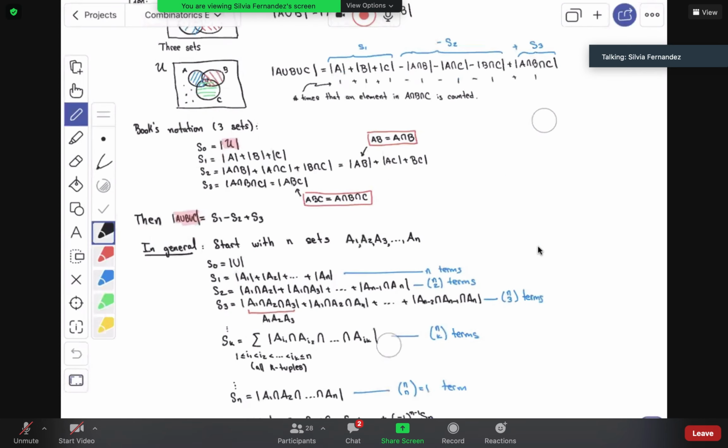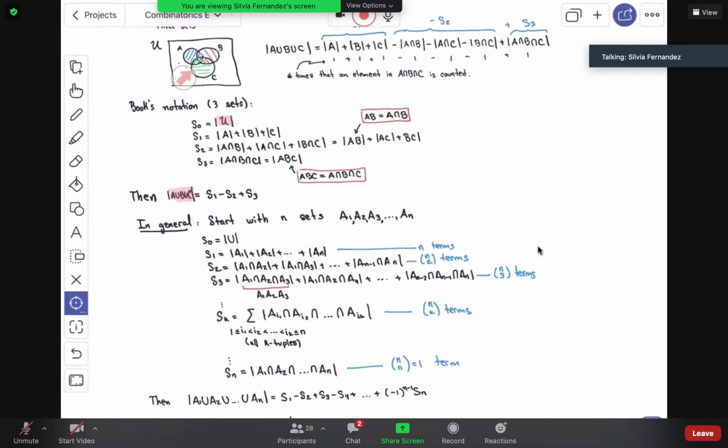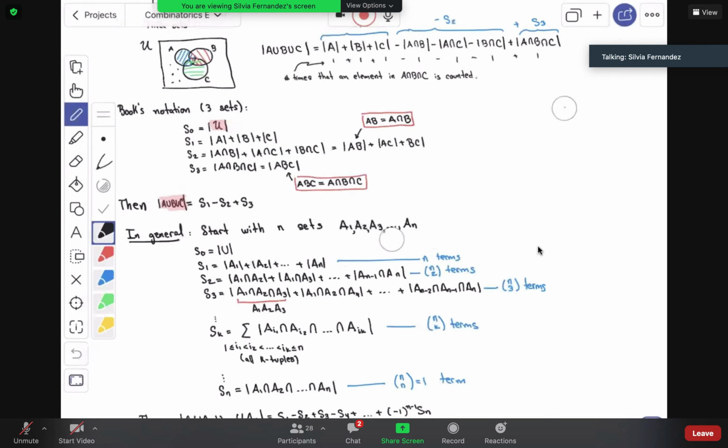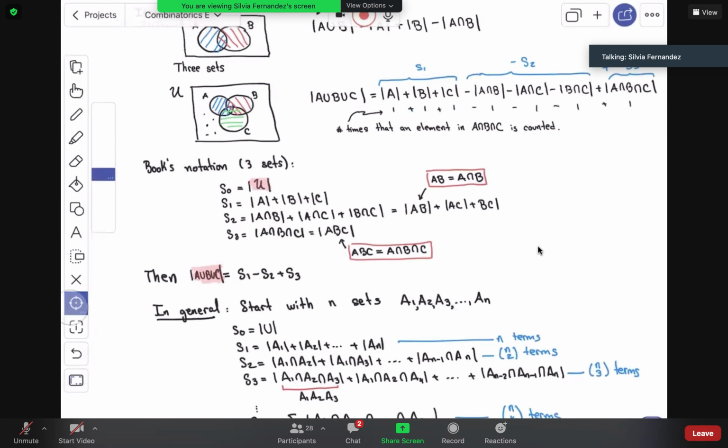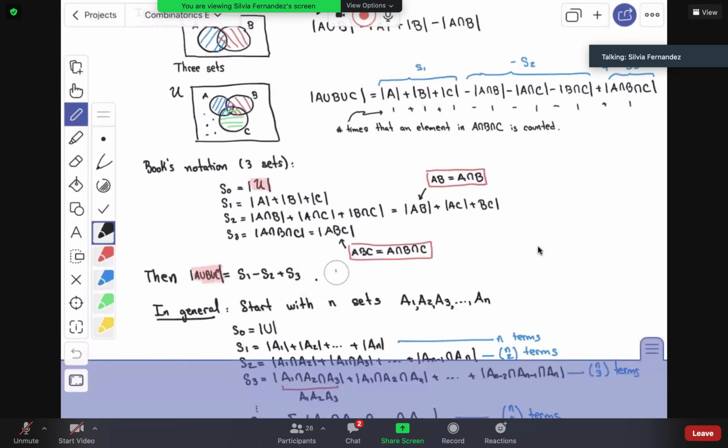So when we were doing 3 sets, if you wanted to know what's outside, so maybe I'll do that here first for 3 sets. This is directly related to our observation. So I'm just gonna say here, in other words, and this is the typical statement for the inclusion exclusion principle.